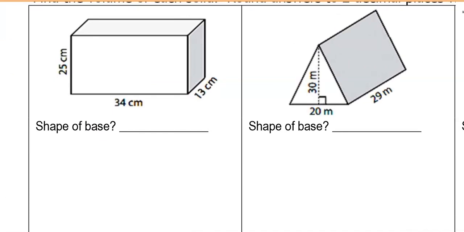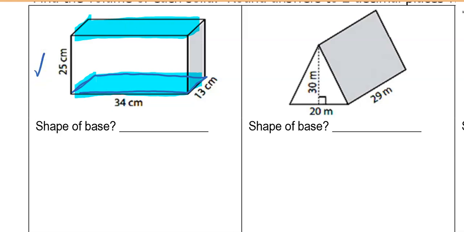So first, I'm going to say, is this thing a prism? And if so, what shape are its bases? Here, as we saw above, I have some different choices for what I might pick as the bases. But if I pick the bottom rectangle and the top rectangle, then they are congruent parallel bases, so this thing is a prism.